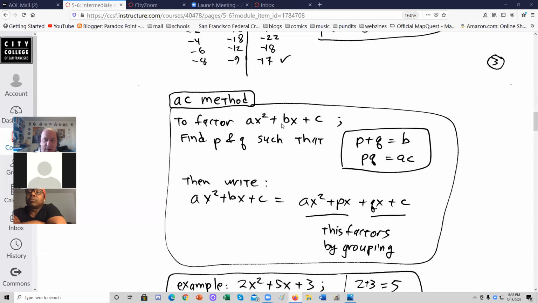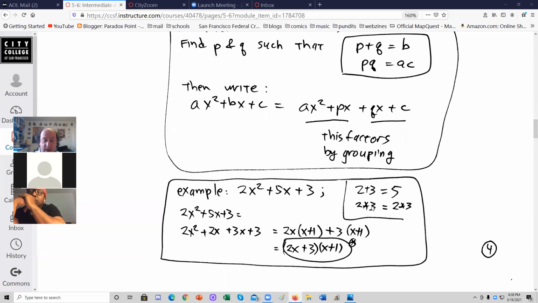Then once we have p and q whose sum is b, we write this bx as px plus qx. So ax squared plus bx plus c equals ax squared plus px plus qx plus c. And this will factor by grouping, by unfoil. For example, 2x squared plus 5x plus 3.